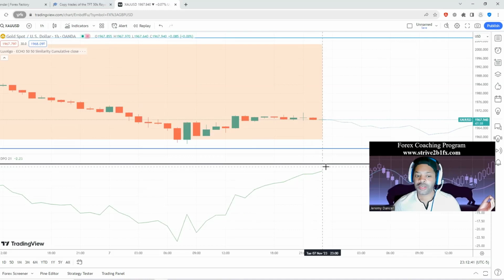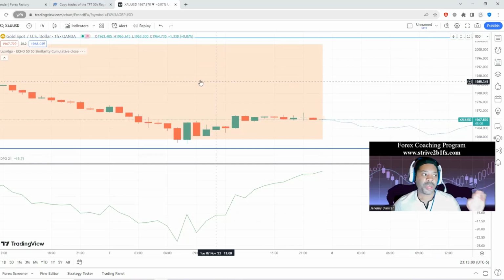But even if it does, it's going to be just a very small pullback. It shouldn't go past 1980, in my opinion. And we can even see with the forecasting indicator, it's still saying downtrend or bearish as well. So we have those things to look at.